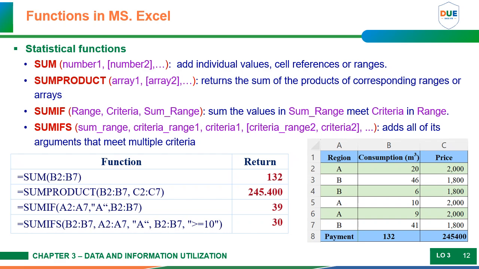In the range B2:B7, the consumption values for area A are 20, 10, and 9, so the total is 39. SUMIFS(B2:B7, A2:A7, "A", B2:B7, ">=10") returns 30. The consumption values for area A that are greater than or equal to 10 are 20 and 10, so the total is 30.